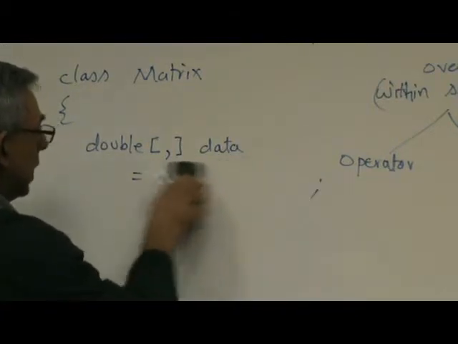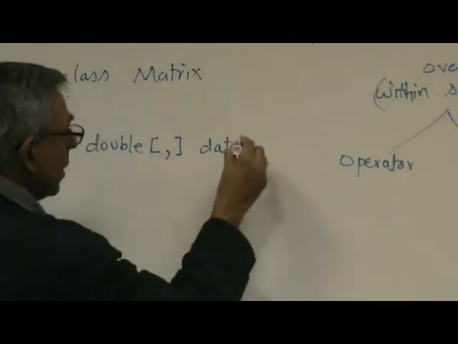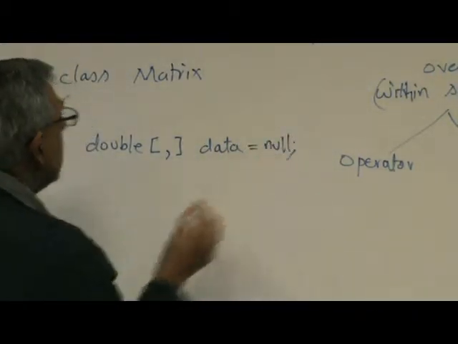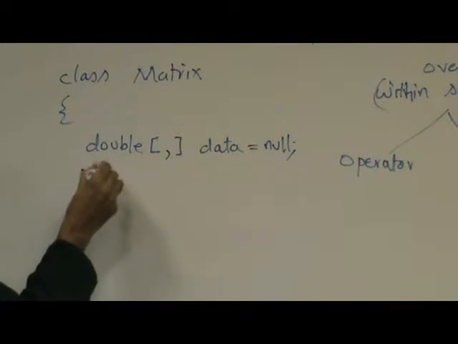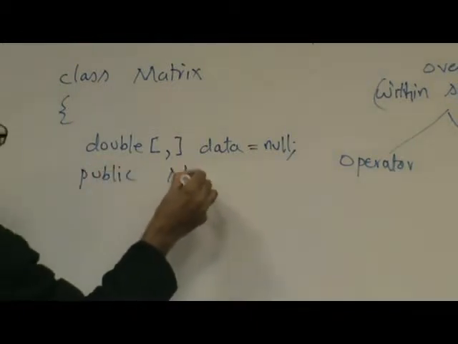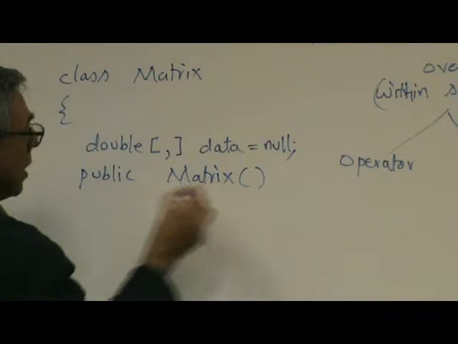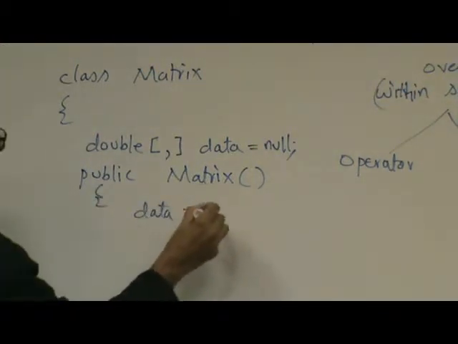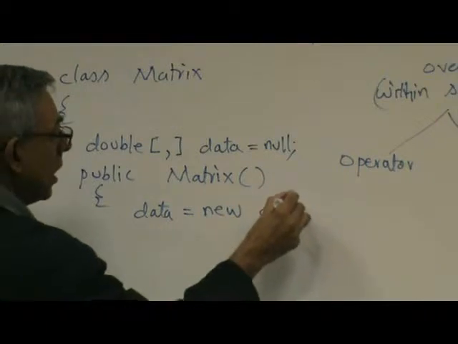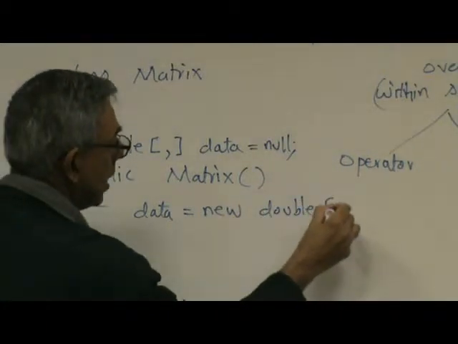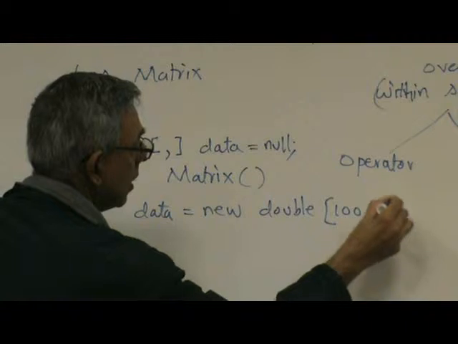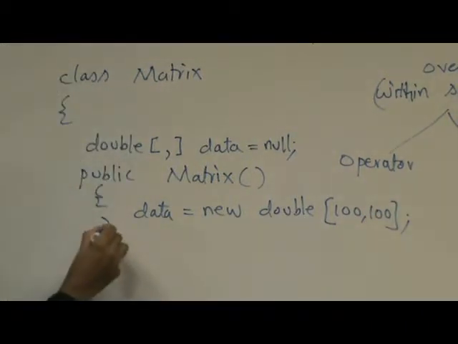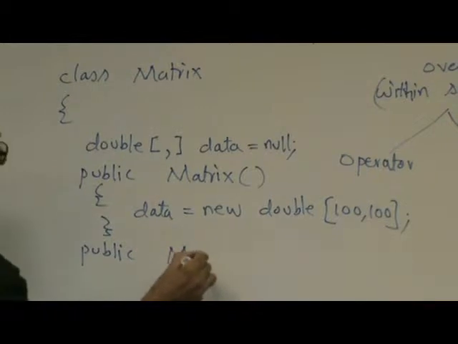Or let me just make it a little more flexible. So if I say null, and then if I provide a constructor, public matrix, the default constructor can do data equal to new double, let's say 100 by 100. So that will be the default, but we can also provide a constructor.